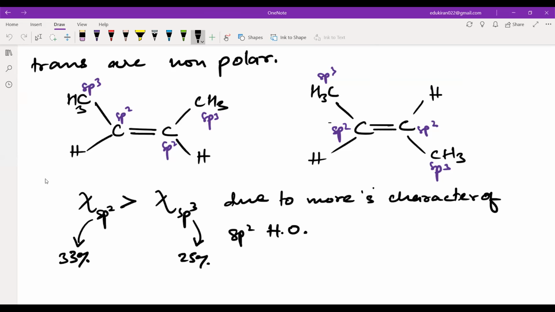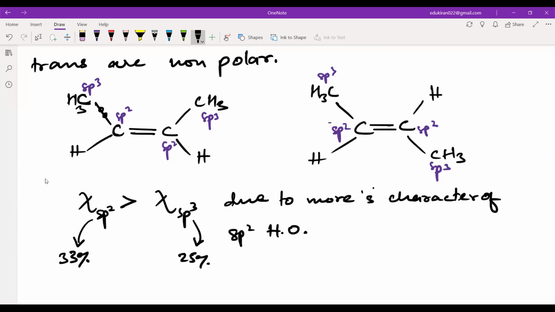So the electrons that are bonded here are present in the sp2 hybrid orbital of the doubly bonded carbon atom, and in the sp3 hybridized orbital of the single bonded carbon atom.